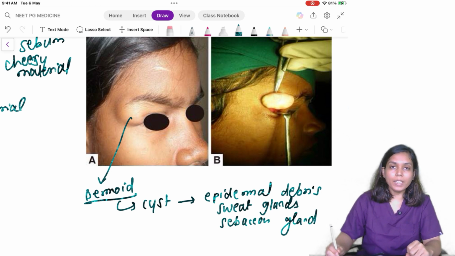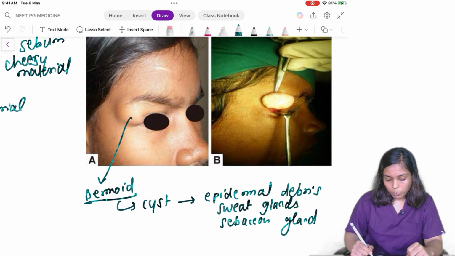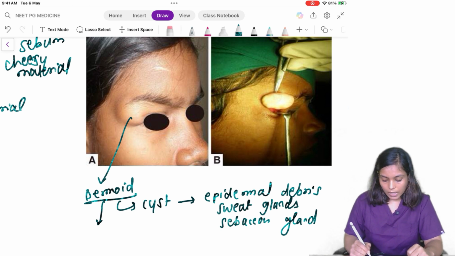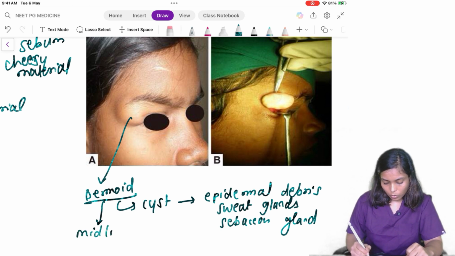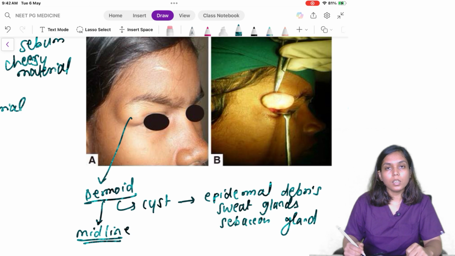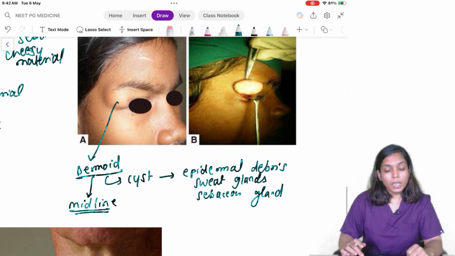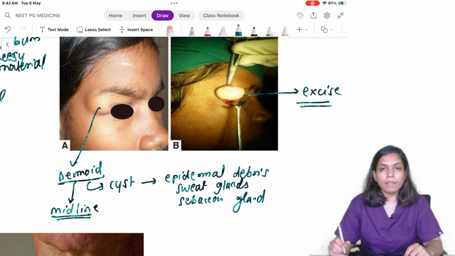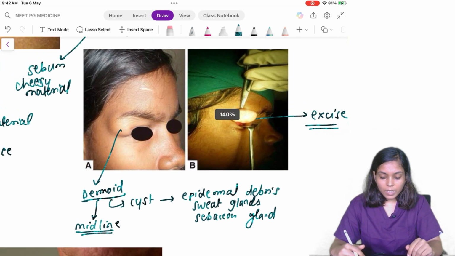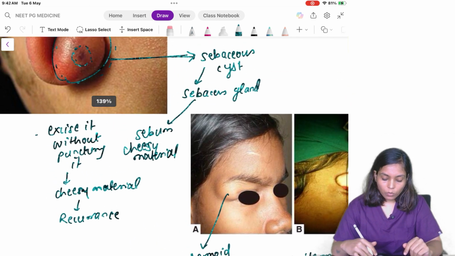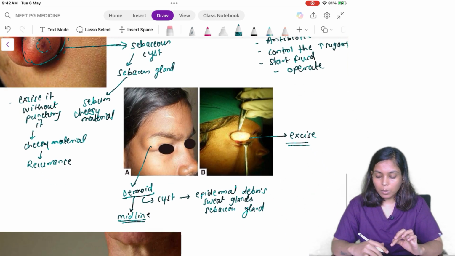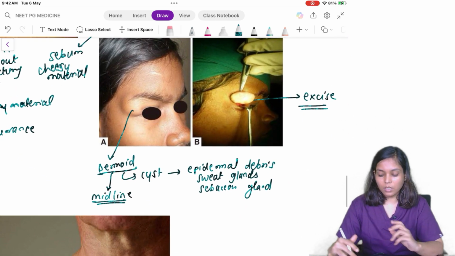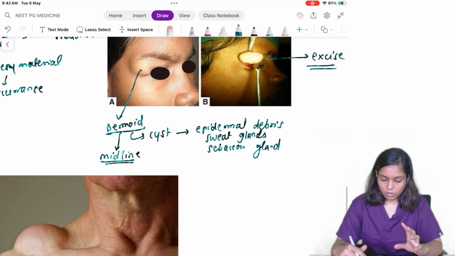We will not go into details of it, but remember one thing about dermoid, it is present in the midline. Again we have to excise it if the patient has any complaint of pain due to pressure necrosis and all. There is a chance of infection in a sebaceous cyst, but a dermoid cyst doesn't get infected.